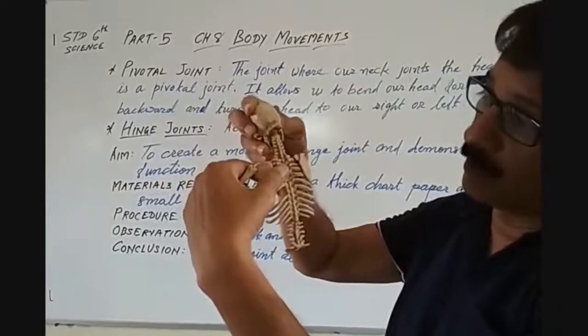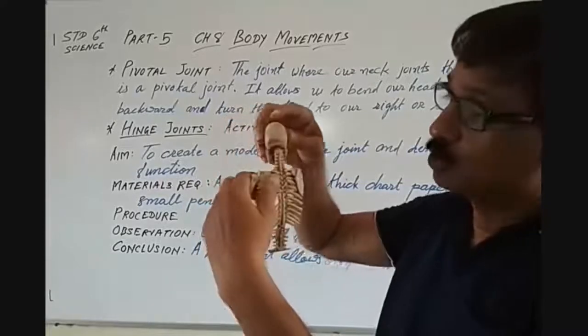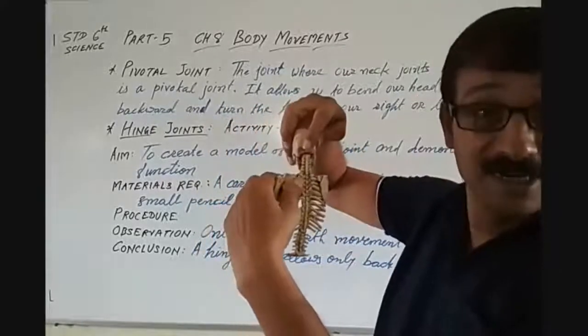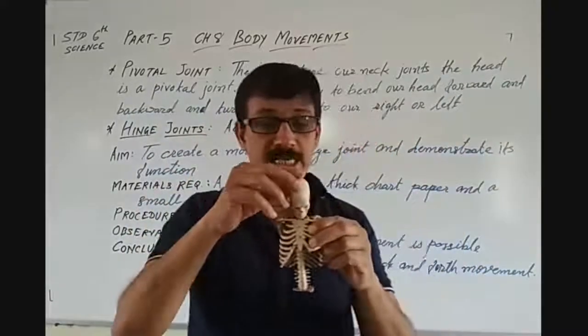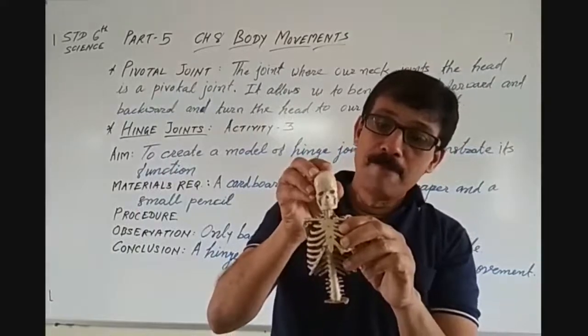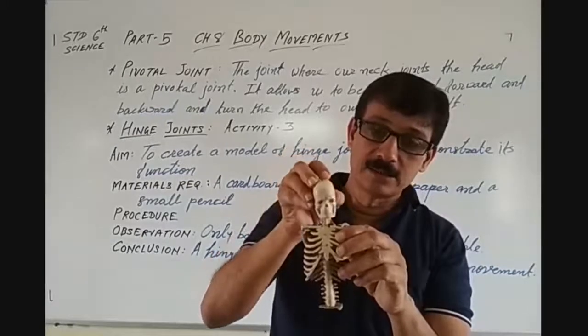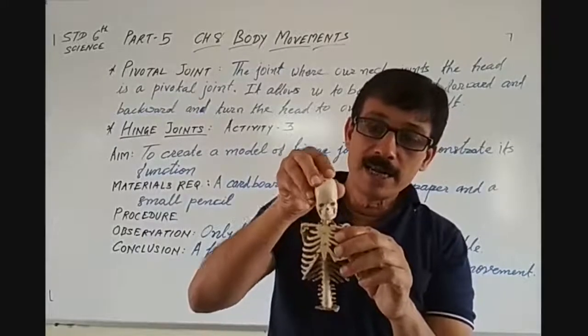Somewhere over here, isn't it? Okay, and so this joint is known as pivotal joint, isn't it? Now, what happens actually? See, it allows the head to go forward and backward, isn't it? Like this.